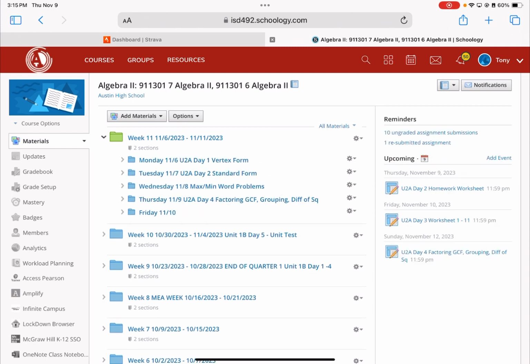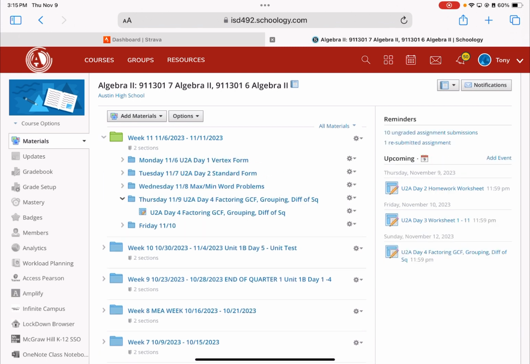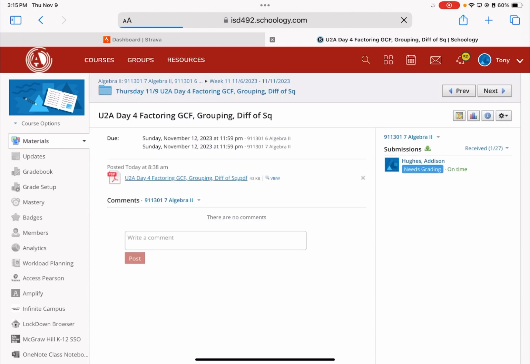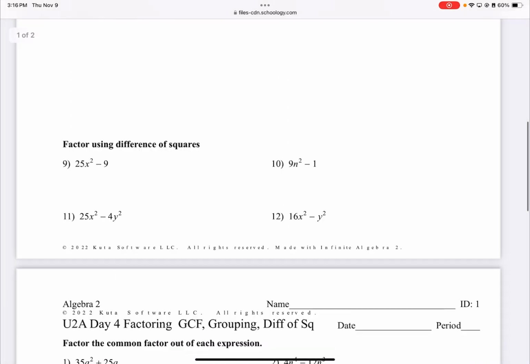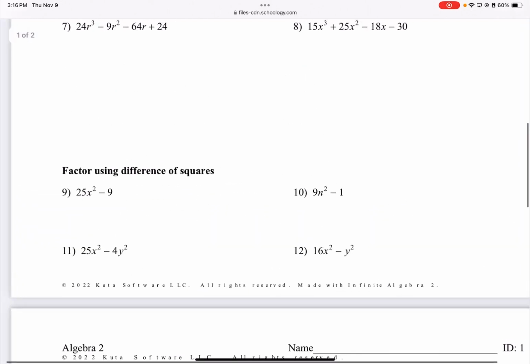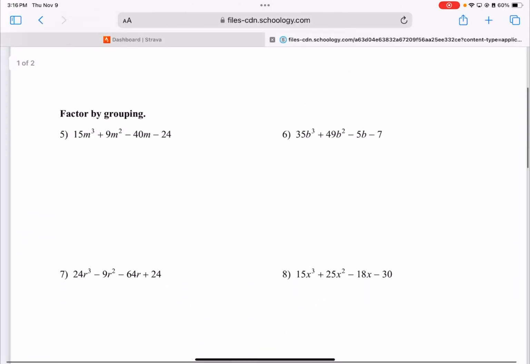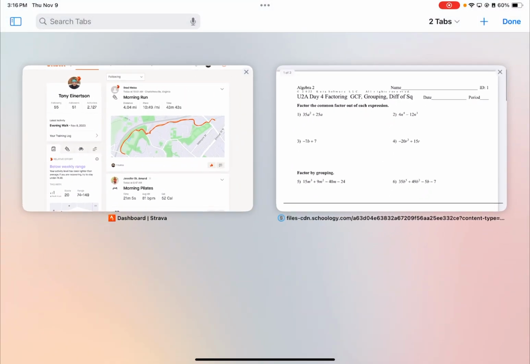And I think I even had it published. Look at that. It's there. Factoring by GCF, grouping and differences of squares. All 12 questions. Nice. If you have any questions, please let me know.